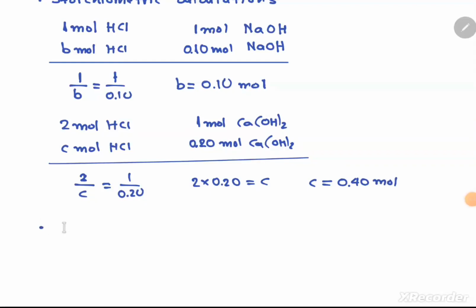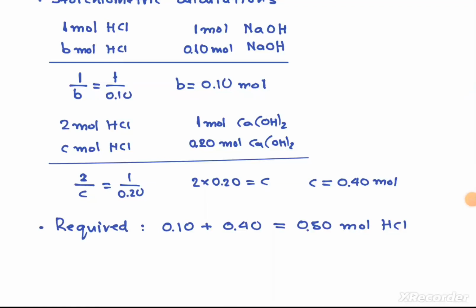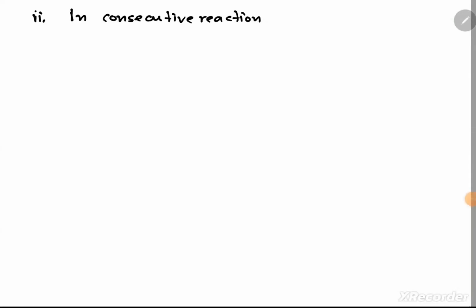So we have the answer. Required 0.10 plus 0.40 is equal 0.50 mole of hydrogen chloride. This is an exercise which has two reactions and we have a mixture.